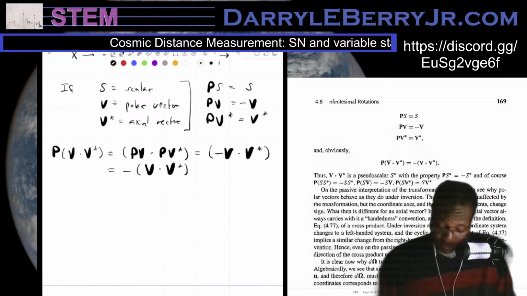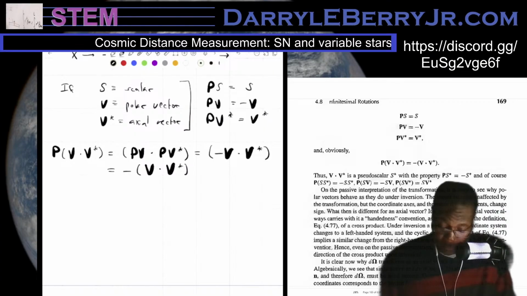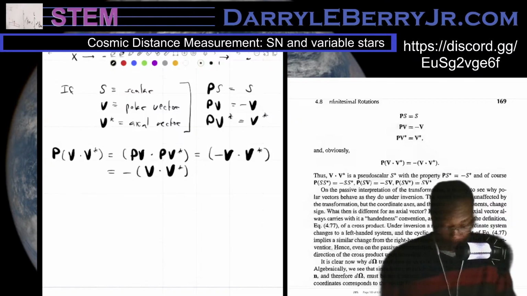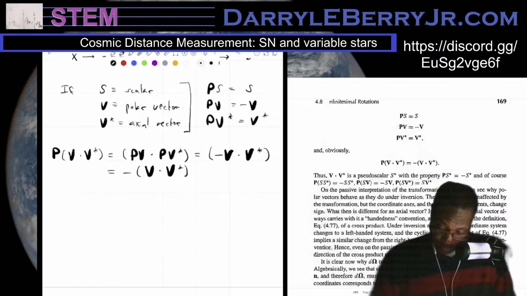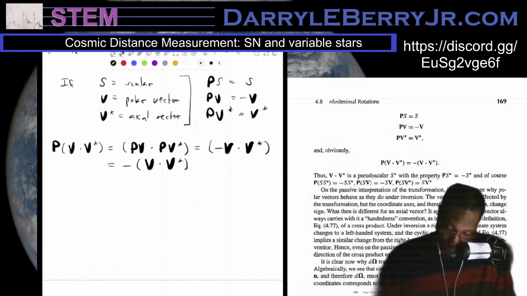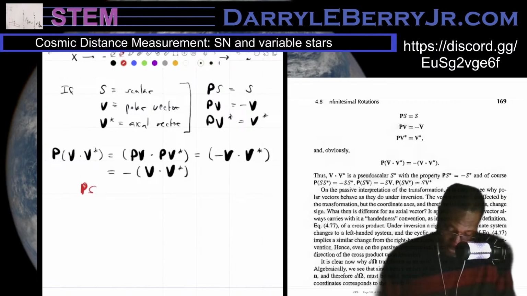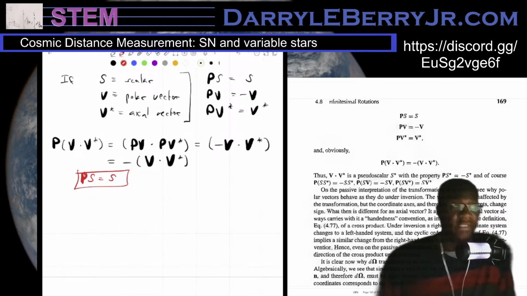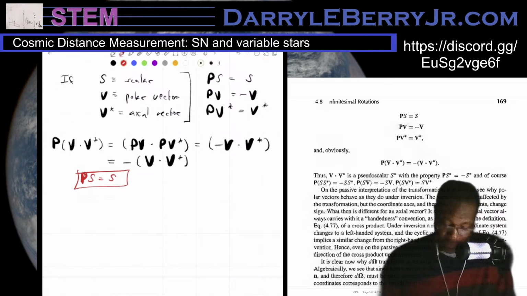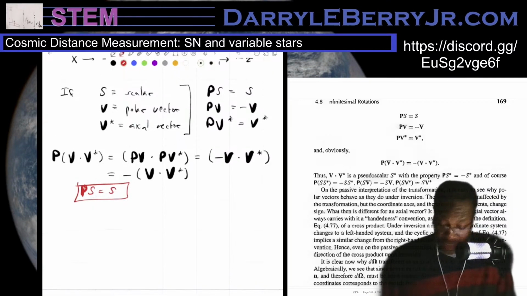S star. So P V dot V star equals negative V dot V star.